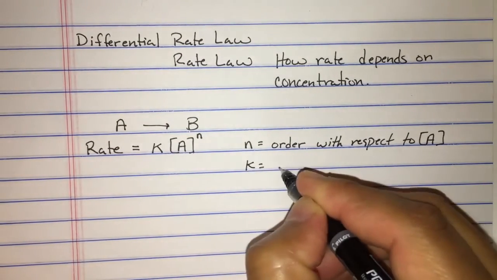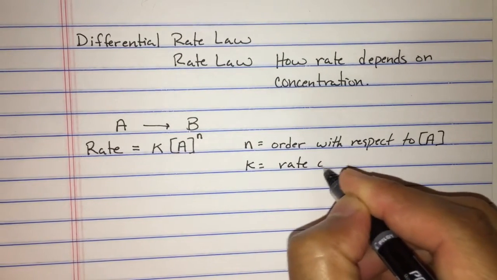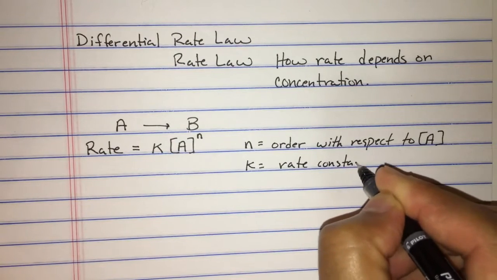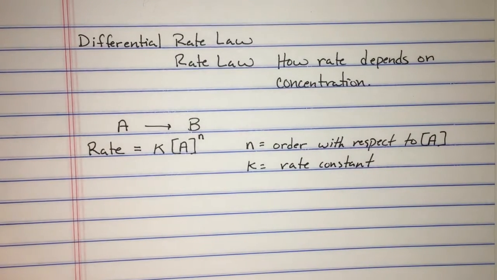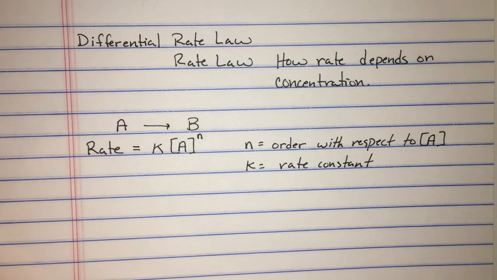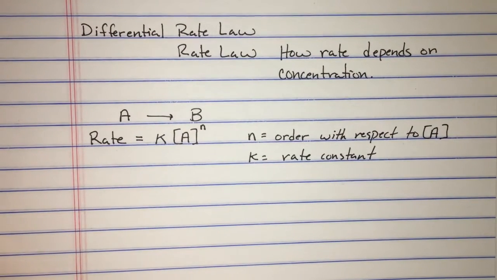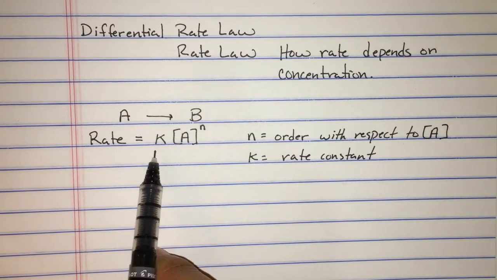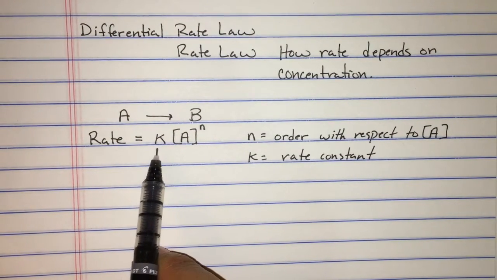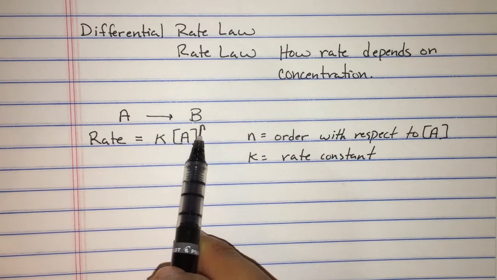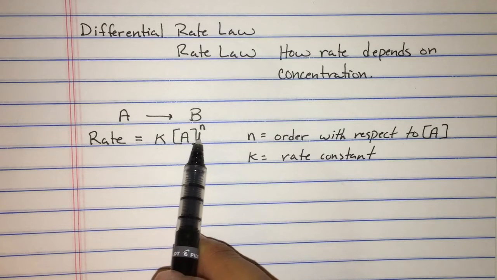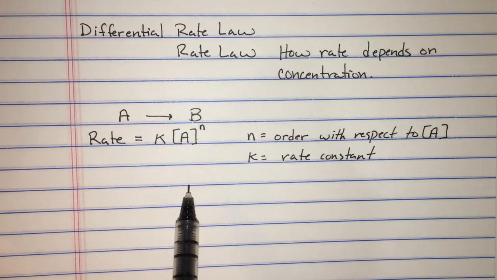K is what we call the rate constant. Okay. So the rate constant is some number. We need to go find that number. N is the order, it's a power. A raised to the N power. That number we need to go find as well.